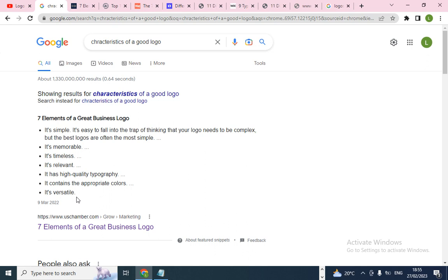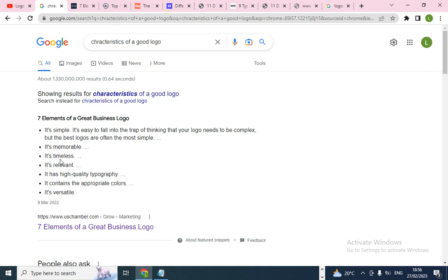Let me, in summary, read out what has to be considered. The logo, first of all, should be simple. That is one. Second, it should be memorable. That is two. It should be timeless. That is three. Then it should be relevant. That is four.